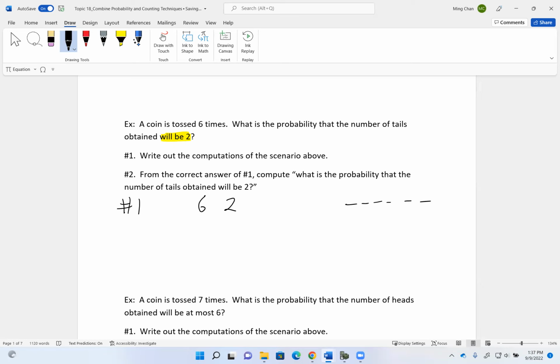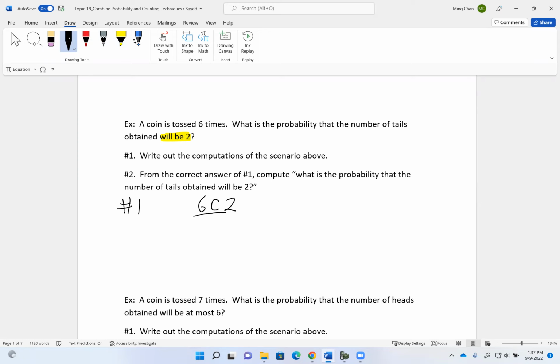It doesn't matter which tail comes first, which tail comes second, because we just want 2 tails. So the order doesn't matter. So I will use combination. So this will give me the number of ways to get 2 tails out of 6 tosses.